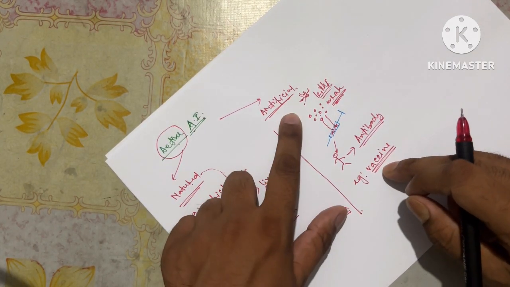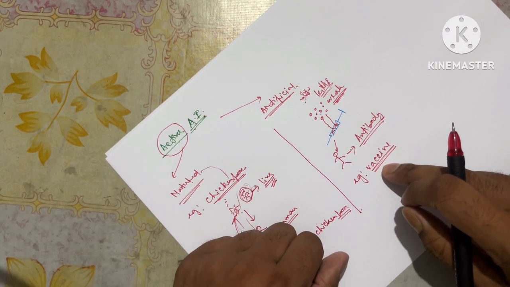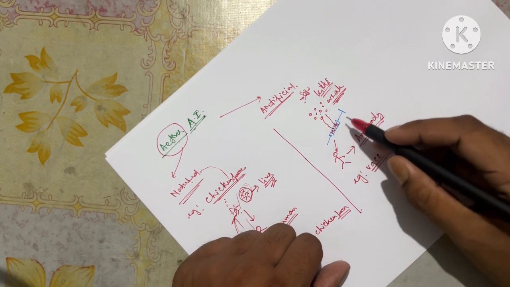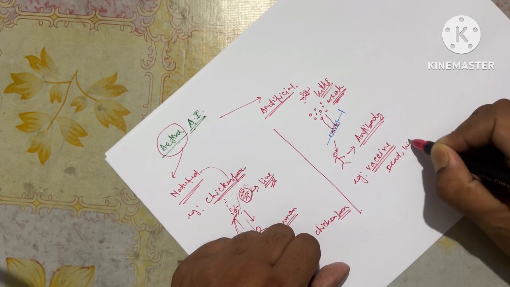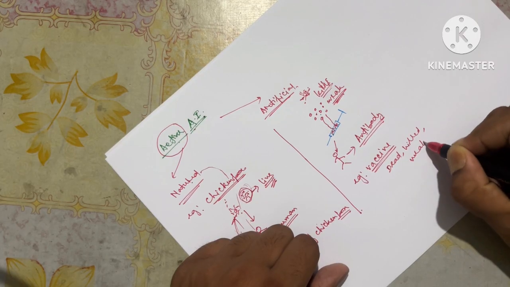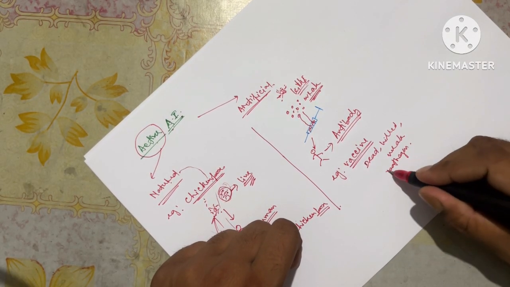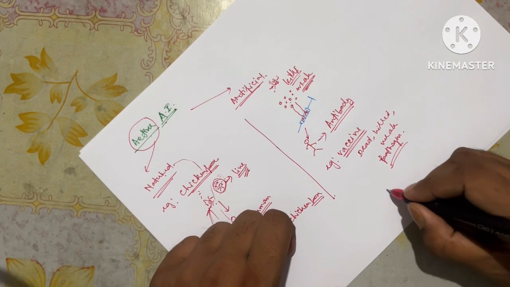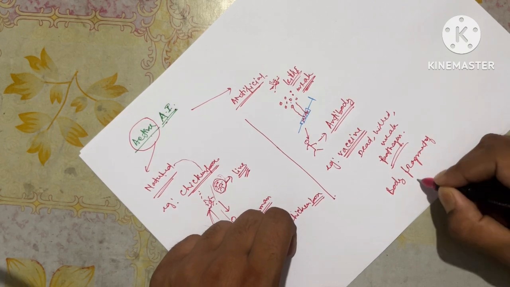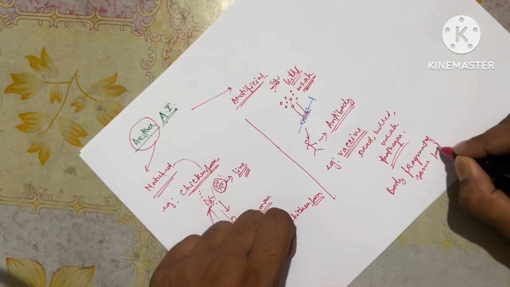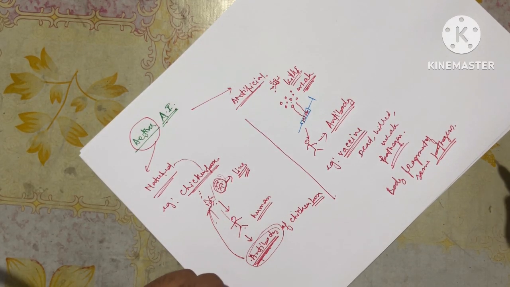In a vaccine, we give artificial active acquired immunity. In the vaccine, mostly we have dead, killed, or weak pathogens, or the body fragments of some pathogen.